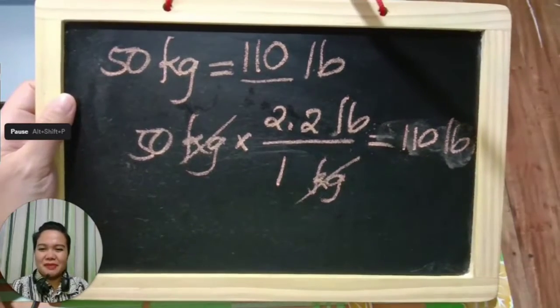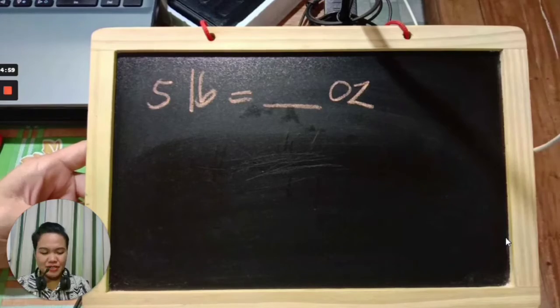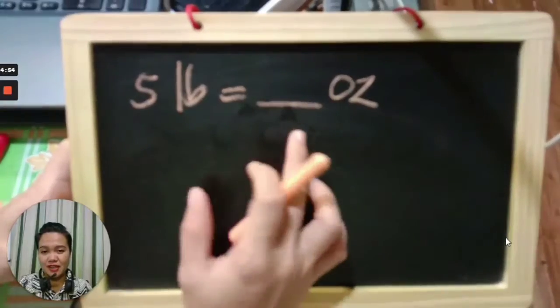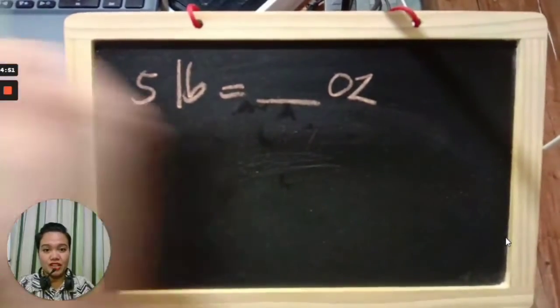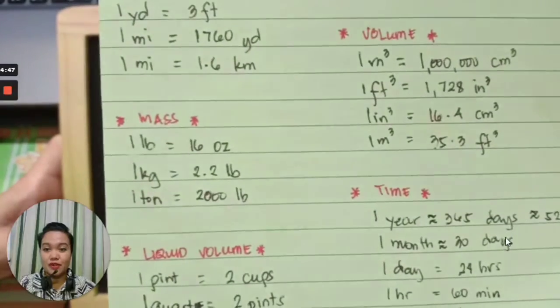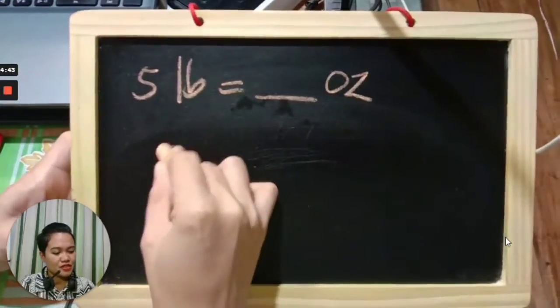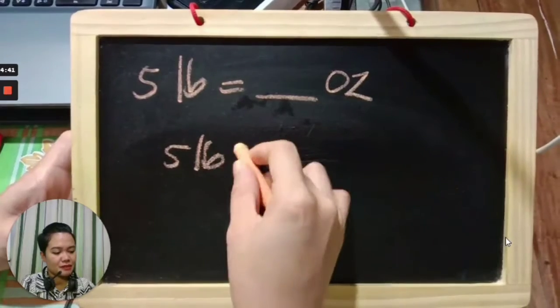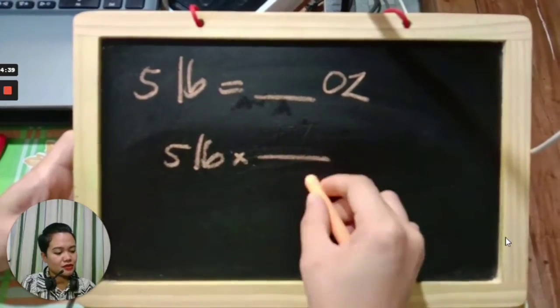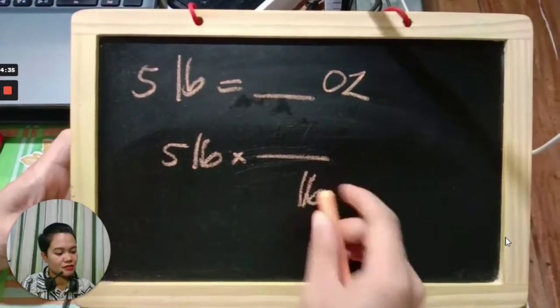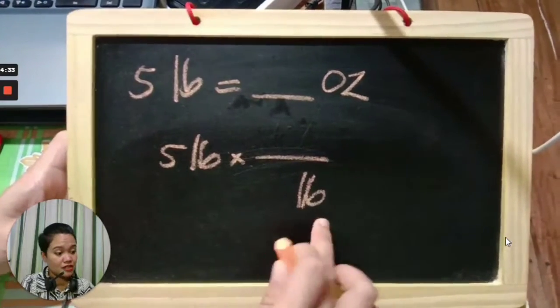Okay, next example. So here we have 5 pounds. Needed to convert that into ounces. So again, let's check our chart or our list. We have here 1 pound is 16 ounces. Okay, so first we write our given, 5 pounds. Multiply that with the right conversion factor, making sure that our denominator bears the given unit.